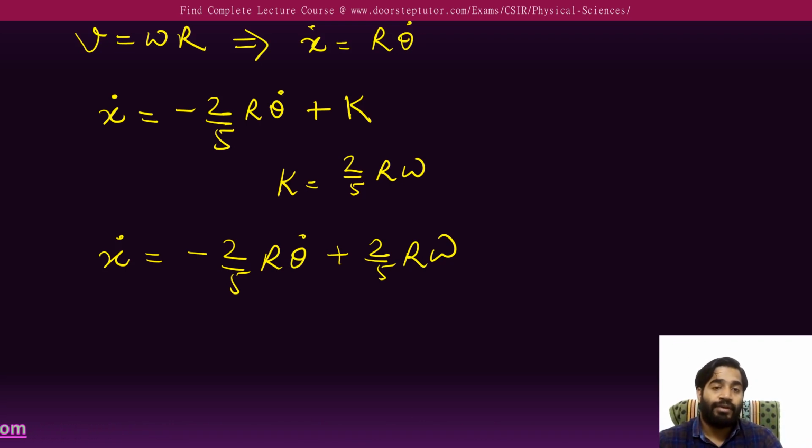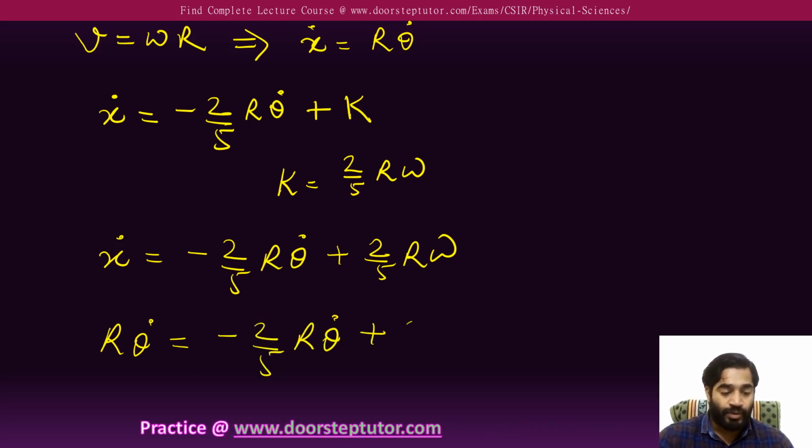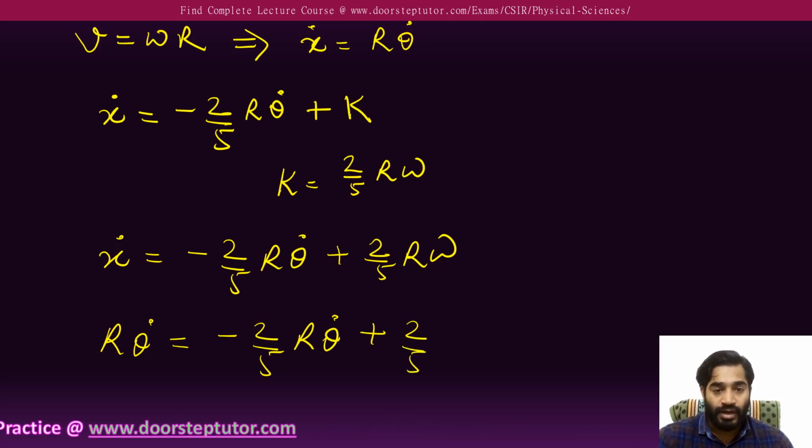And if we put the value x dot equals r theta dot here, I get r theta dot equals minus 2 by 5 r theta dot plus 2 by 5 r omega.